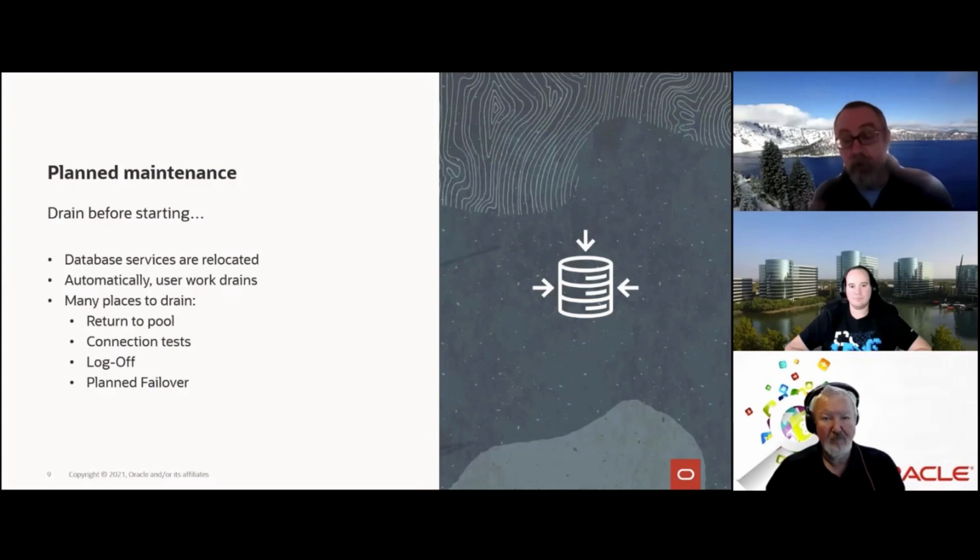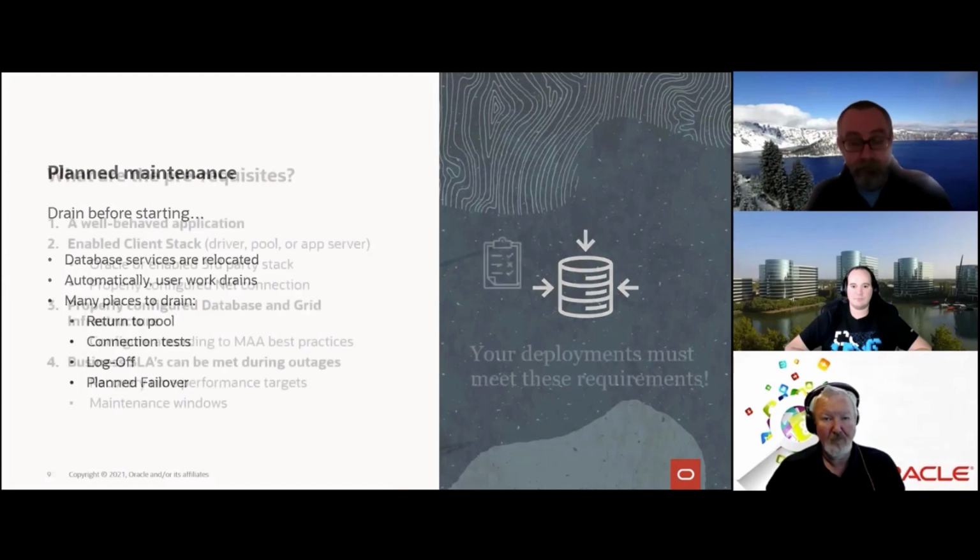Doesn't matter. We don't care. The users don't care. The key here is you're always able to process your work. That in-flight work that was submitted will drain or complete, and then the connection will be returned to you or the pool for reuse. The results come back to you, and so on and so forth. And that's how planned maintenance works.